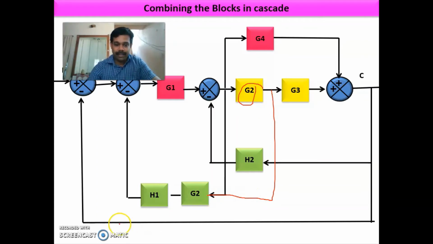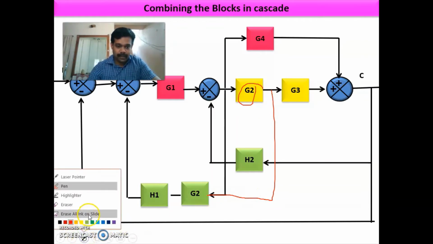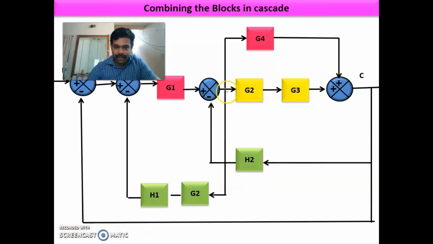But when you are moving it here, the G2 will not come. So the rule is, what we get before moving, we should get the same even after shifting. So we are multiplying it by a G2. Now the problem is solved. This line is also getting G2. This is the first step.